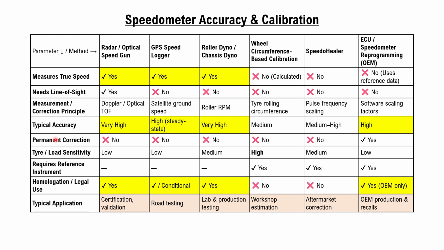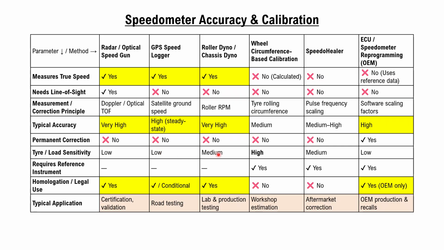Regarding the factor permanent correction: radar optical speed gun, no. GPS speed, no. Roller dynamometer chassis, no. Wheel circumference, no. Speedo Healer, no. And finally, ECU, yes. Tire load sensitivity: low for radar and GPS.